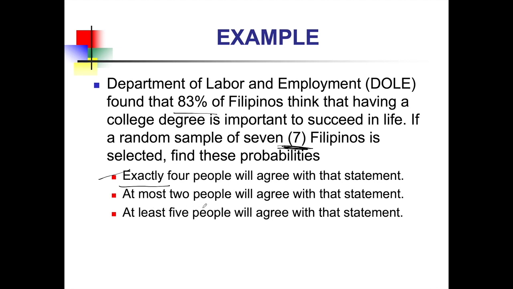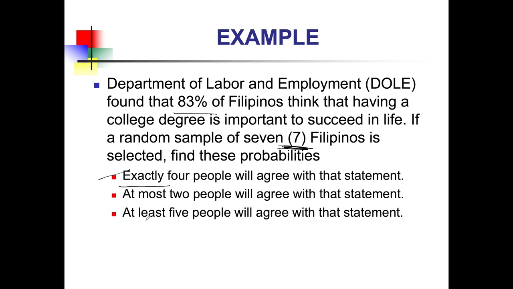Meaning, among all those 7 Filipinos being interviewed on whether they agree that a college degree is key to success in life, the most that can agree in the second condition is 2. When we say 2 is the most, there is a possibility of none, where nobody says yes, all say no. Or it can be just one or just two. It can't be three in our second condition, since it says at most 2. I hope you got it.